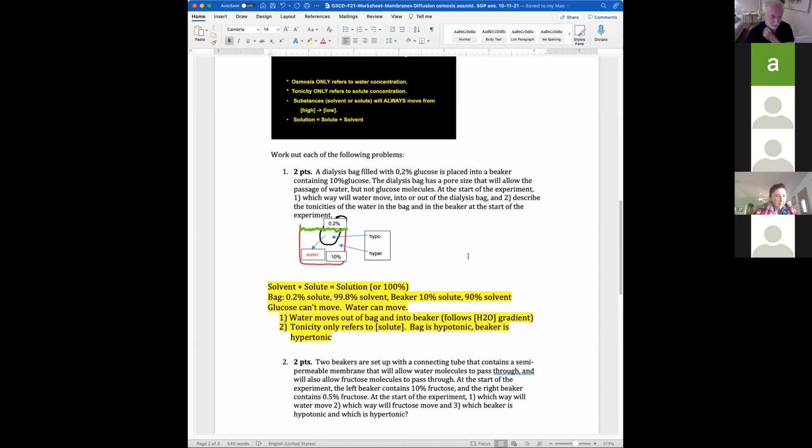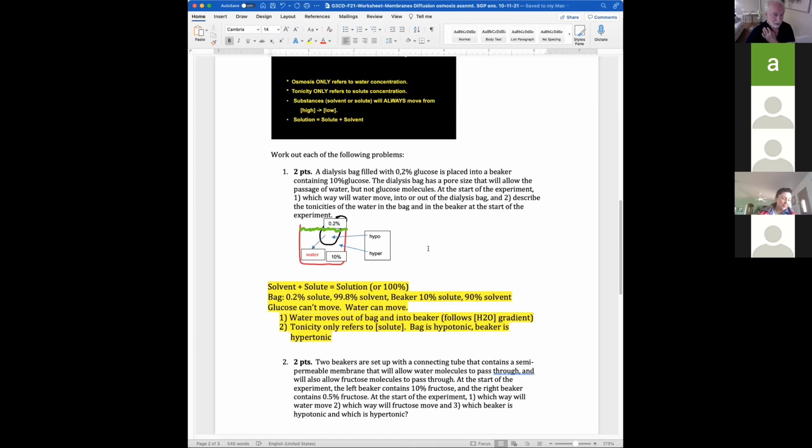We have another case where solute does move. But in this case, do you see that? You see why solute doesn't move? It's because of the nature of the dialysis bag. Okay, that makes sense. Okay, so then the question is, which way does water move?